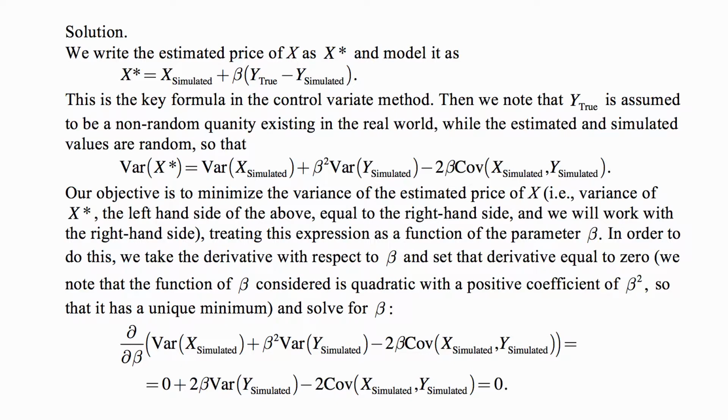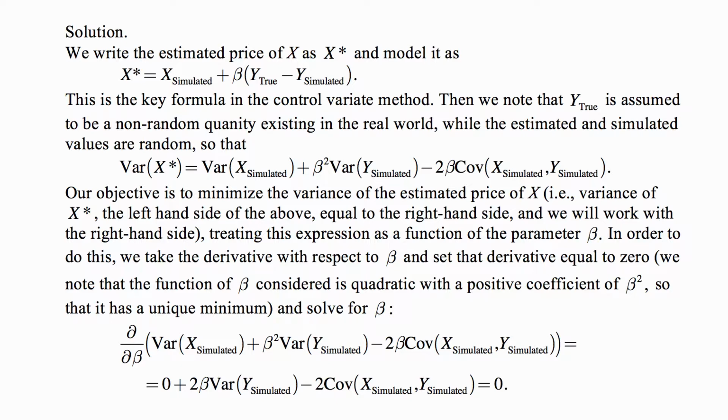Our objective is to minimize the variance of the estimated price of X, so the variance of X star, the left-hand side, which is equal to the right-hand side, and we'll work with the right-hand side now. We treat this whole expression as a function of the parameter beta.